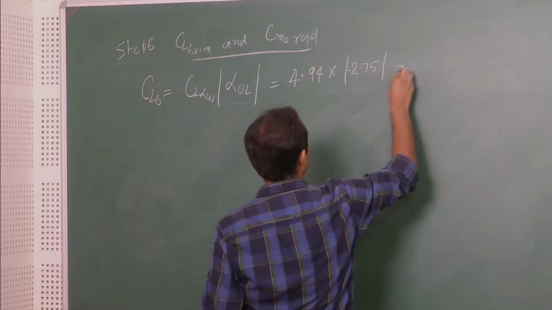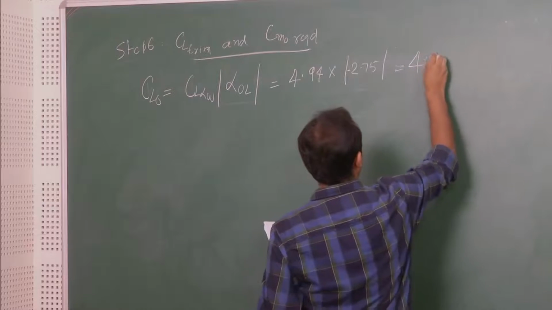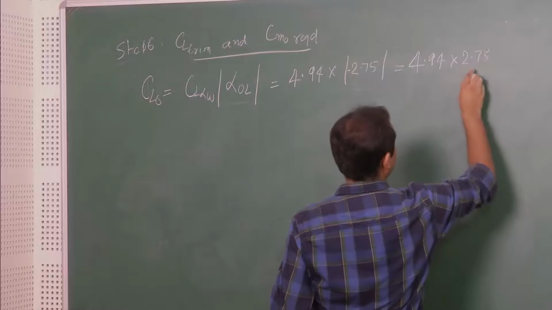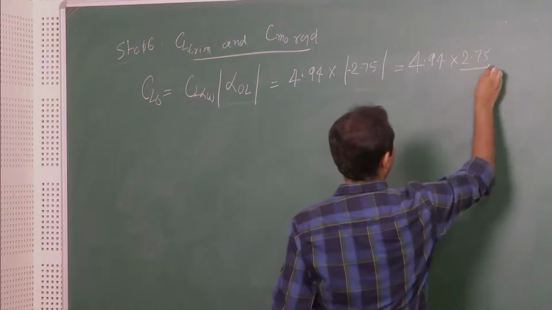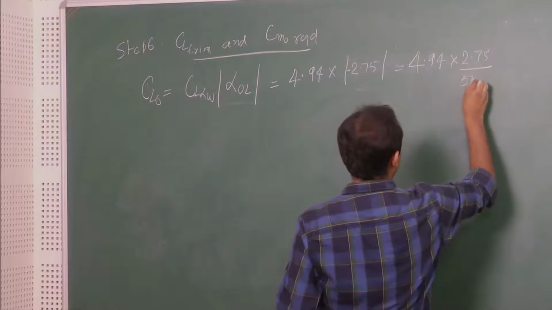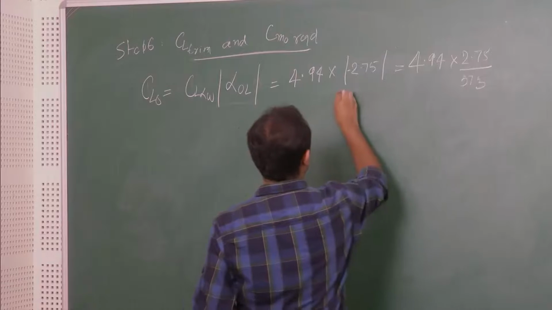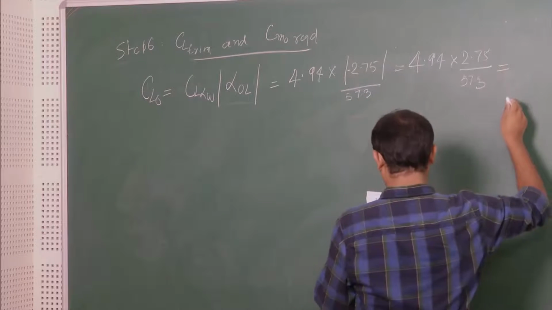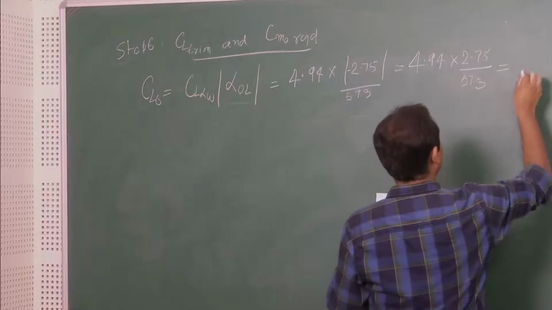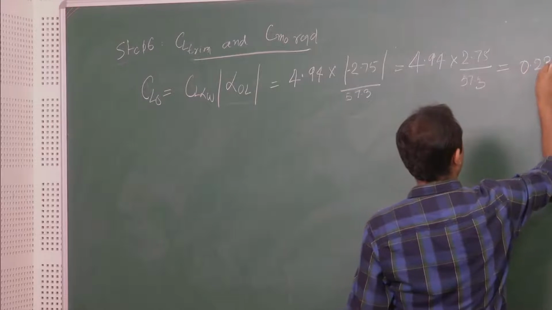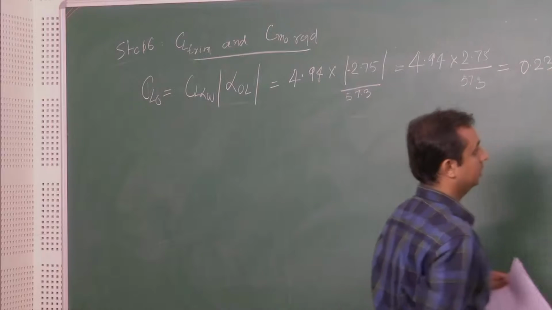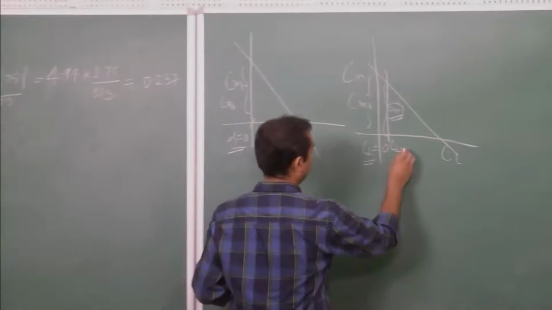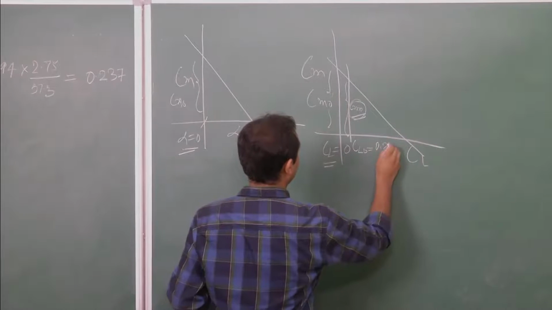We have taken the modulus, so 4.94 into 2.75. This is in degrees, we have to convert it into radians, so I will divide it by 57.3, which will give me Cl naught as 0.237. So I have to calculate my required Cm naught at Cl equals 0.237.